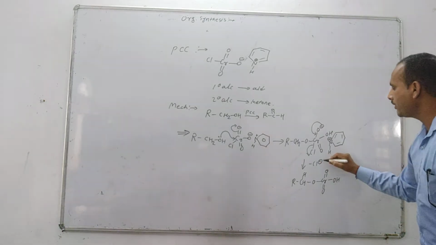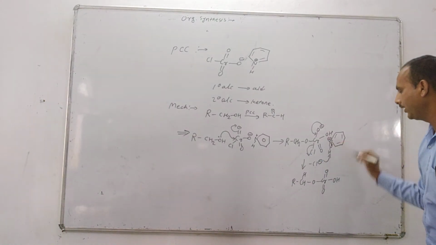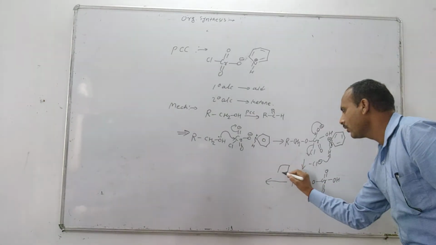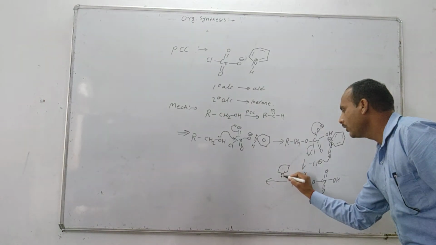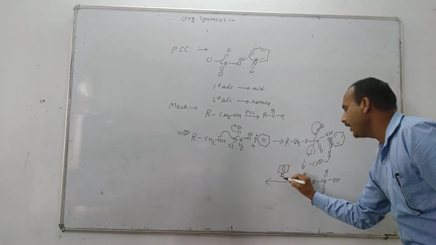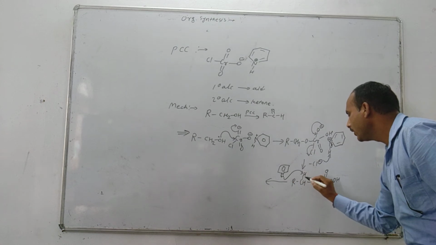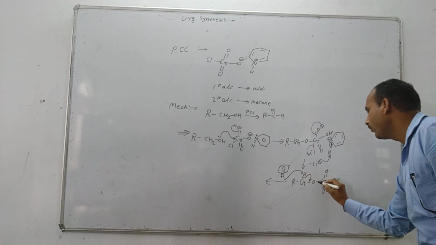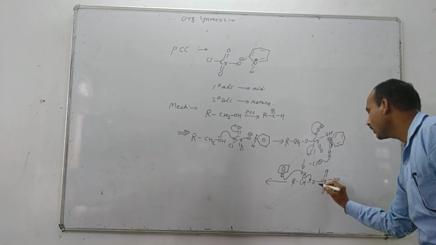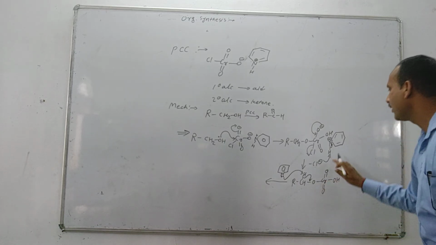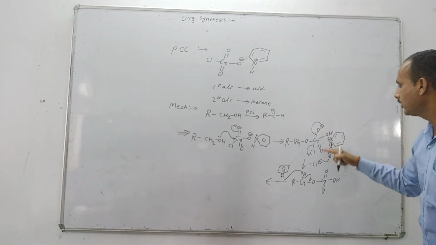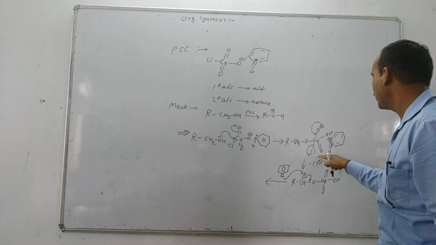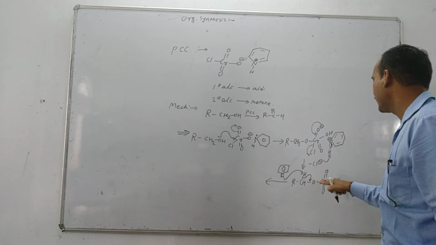Now this Cl minus abstracts the proton, there is generation of pyridine, and the lone pair of pyridine takes the proton. Now the bonding shifts here, with formation of C double bond O and OH, and loss of Cl minus.